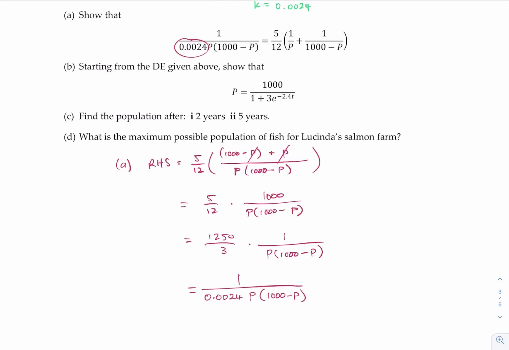If I'm fudging in an exam, then I need to show why, right? And all I've done is I've taken the reciprocal of 1250 over 3. So I'll just make a note as 3 over 1250 equals 0.0024. I needed to take the reciprocal to get it down into the denominator. Okay, question A is done.